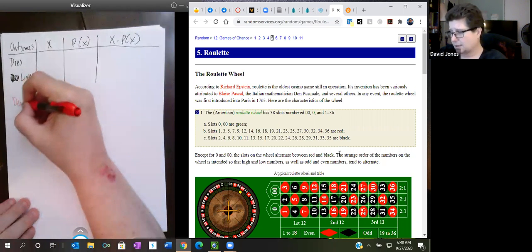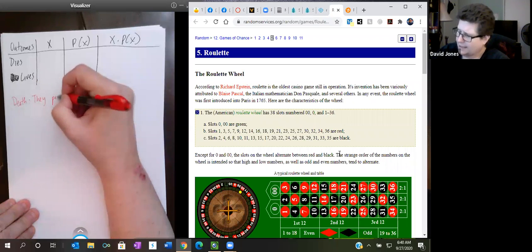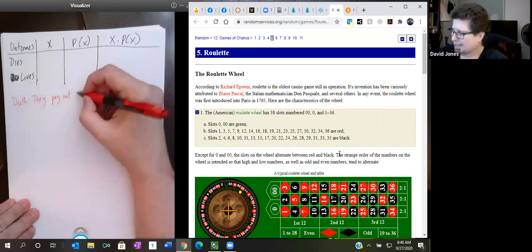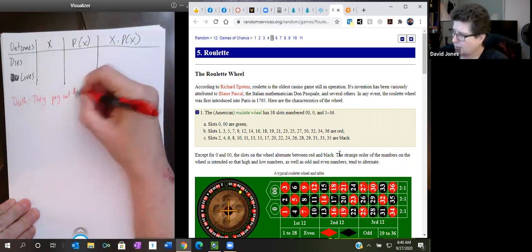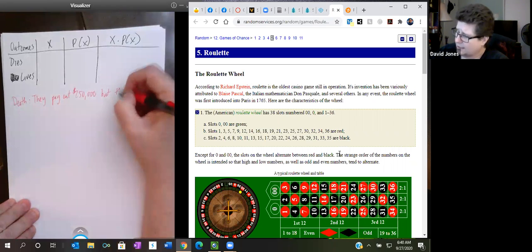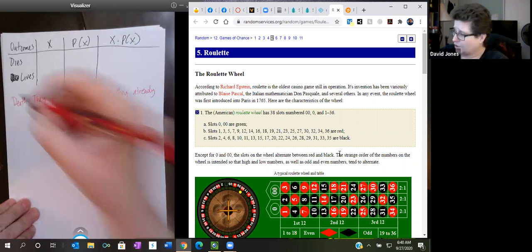Death. They pay out $250,000, but they've already collected the annual value insurance, which was $530.